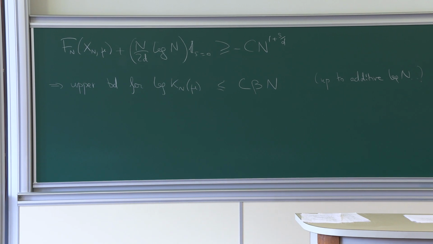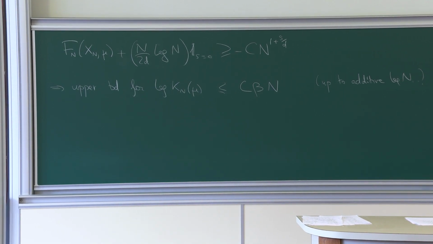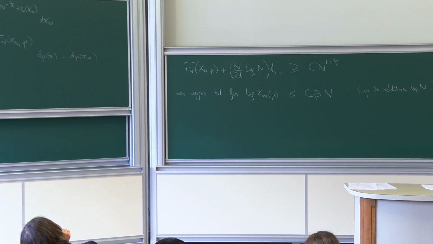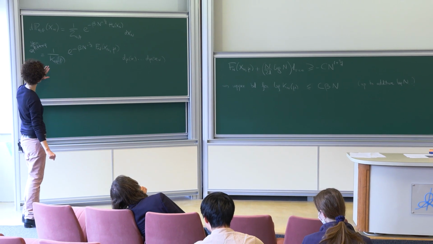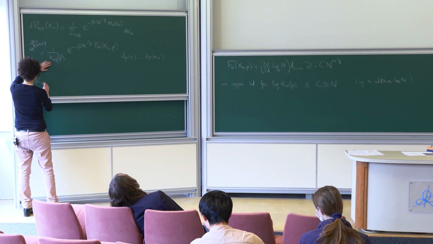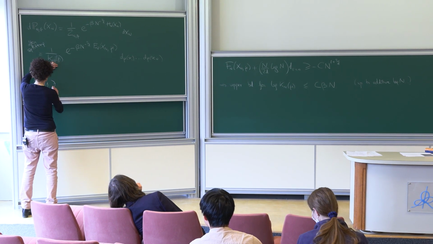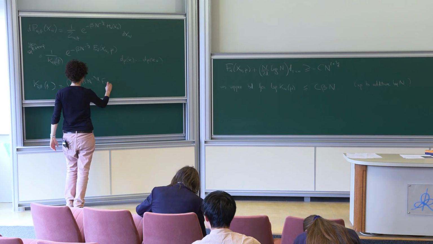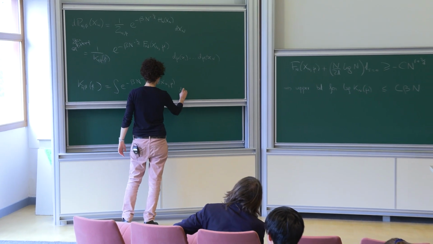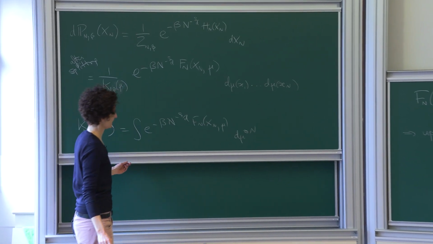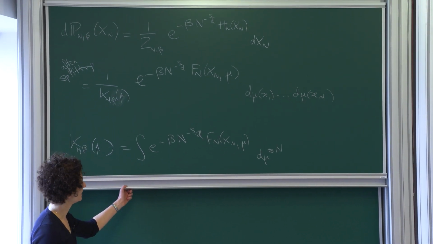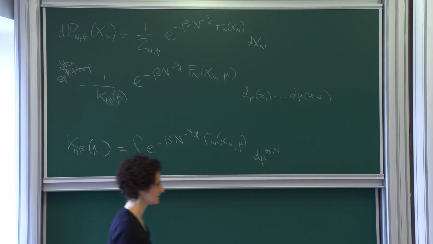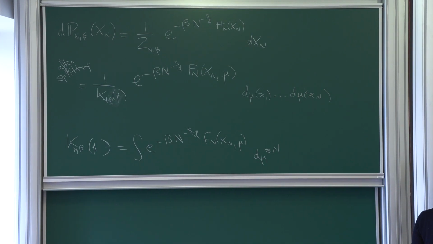In fact, this is a good upper bound, because we'll see that this is the right order of things, and we can match it with a lower bound. So K is defined like this, it's the integral. To get a lower bound, it's a different business, and there is a quick way to do it, and I will not do the details, but you can do it with Jensen's inequality.